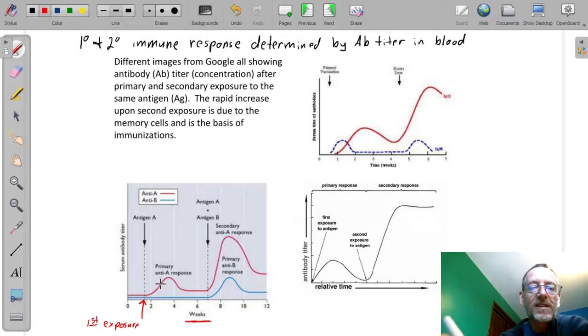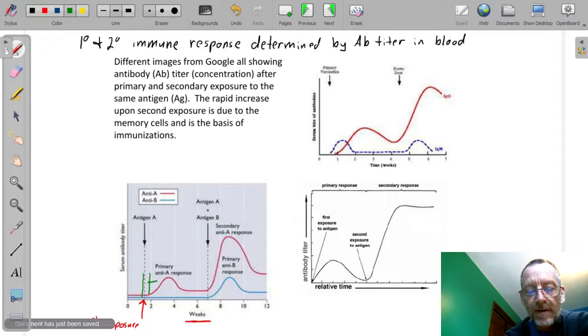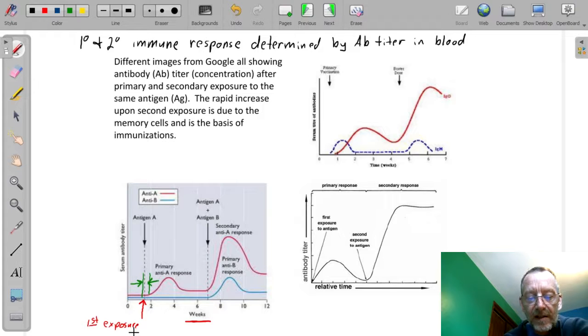There's a period of time before the antibody titer starts to increase. And it's often a little bit longer than what's shown. But there's a lag period in time. So during the first exposure, this is day 1 when you became exposed to the pathogen, or the first day that you received a vaccination.